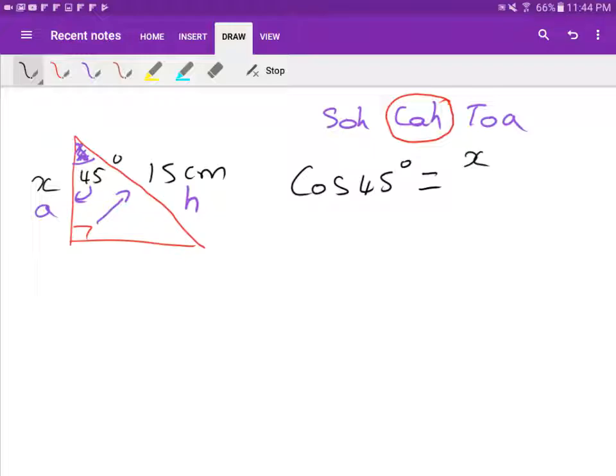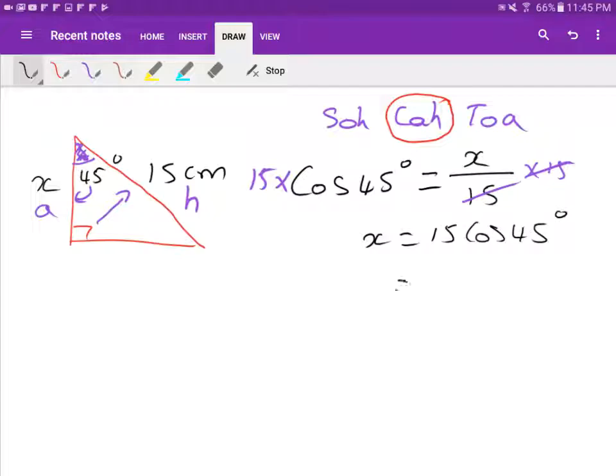Follow the order, you can't mix it up. To solve it, because we are looking for x, we want to get rid of the 15, so you do the opposite: you times by 15 on both sides, that cancels out. So 15 cos 45 is equal to x.